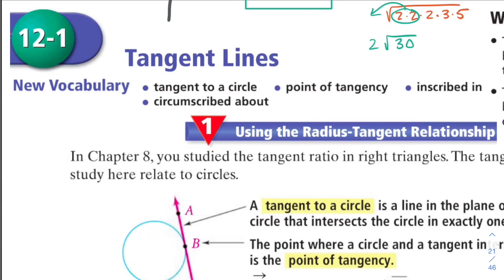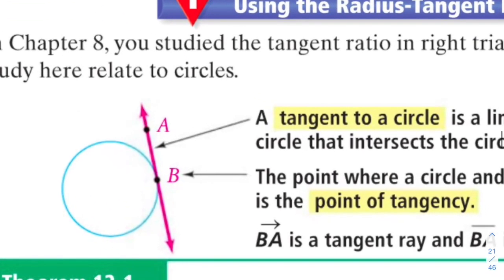The table itself is the tangent line. It's only touching the egg in one spot, just like a tangent to a circle only touches the circle in one spot. So you see here that you have your tangent line to a circle, line AB, and you also have the point of tangency, point B.